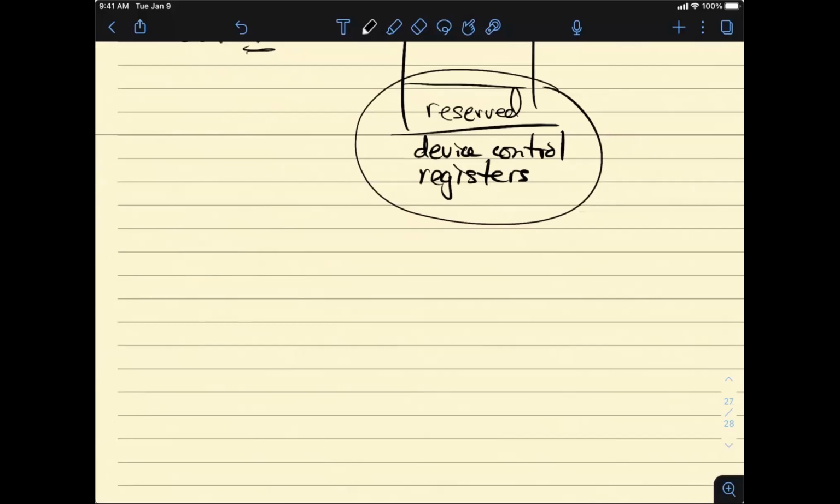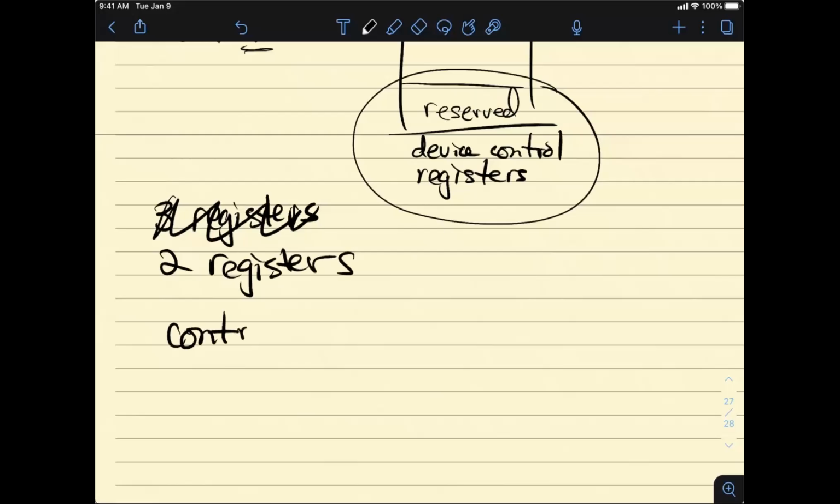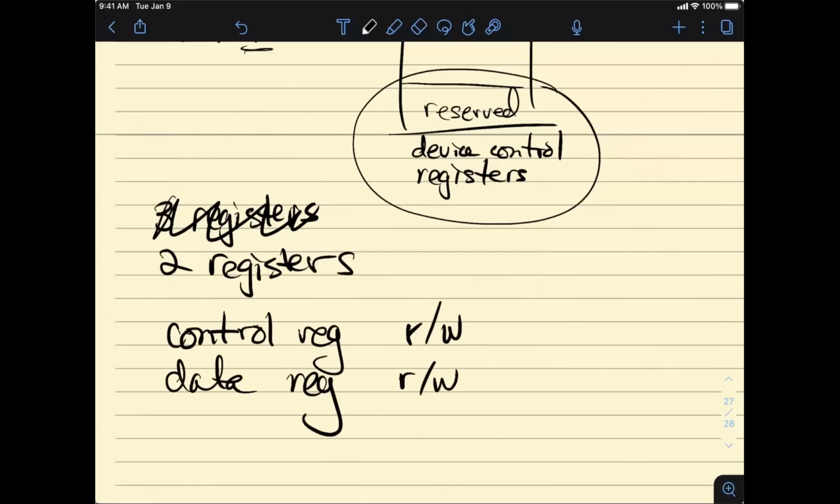So, for example, let's take a device that has 3 registers. Or tell you what, let's make a device that has 2 registers, and we'll show you how you can do double duty. On this fictitious device, you have 1 register, which is the control register, and 1 register, which is the data register. You can read or write to the control register, and you could read or write to the data register.